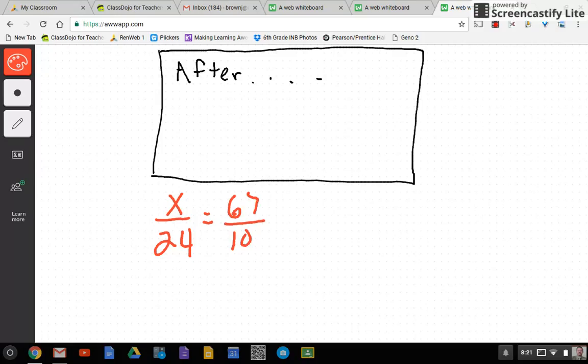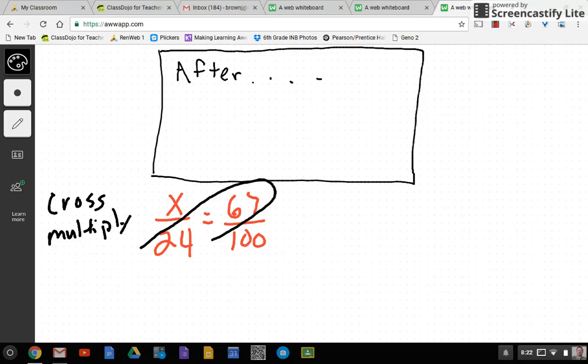So this is the percent proportion that I came up with. Okay, now our first step is we've got to cross multiply. Just like I've told you with all percent proportions, we've got to cross multiply. So that means those two get multiplied and those two get multiplied.